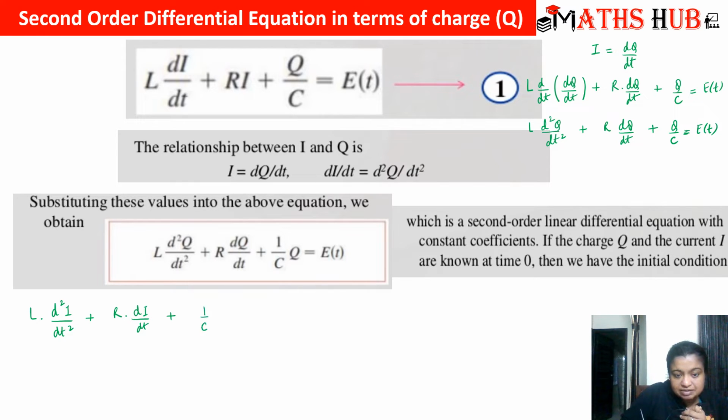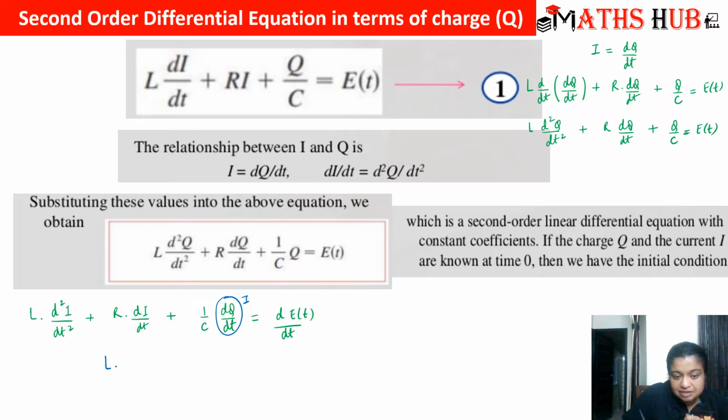derivative of I is di by dt, plus 1 by c is constant, and when I take the derivative I get dq by dt, and on the right hand side if E is constant the derivative will become 0, and if E is a function of t then the derivative will be d by dt of Et, right? Now can you see that we can replace now dq by dt with I, right?